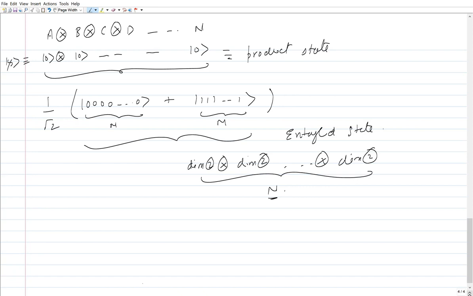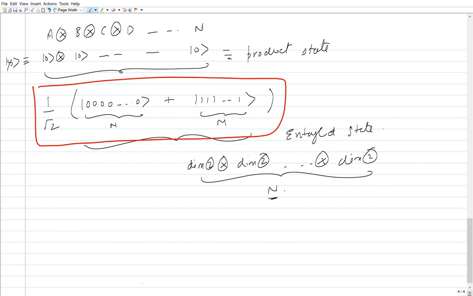Subsequently, we are going to see what we can do with entangled states, and whether there is a quantum advantage to entangled states as compared to product states.